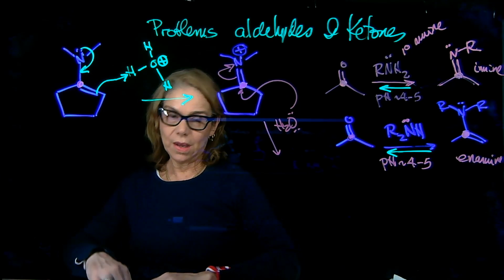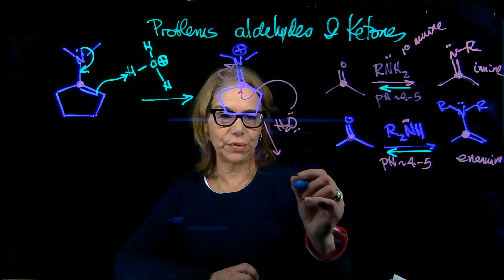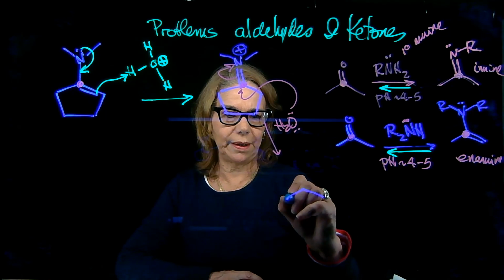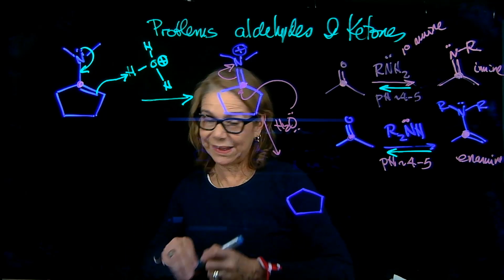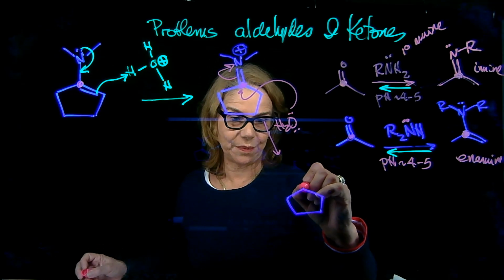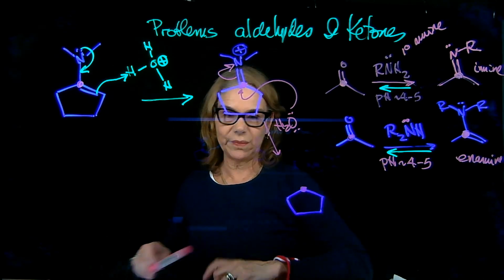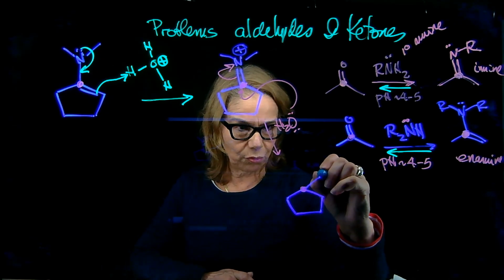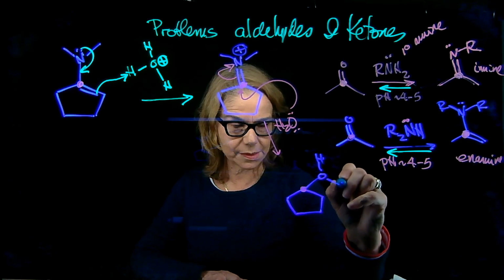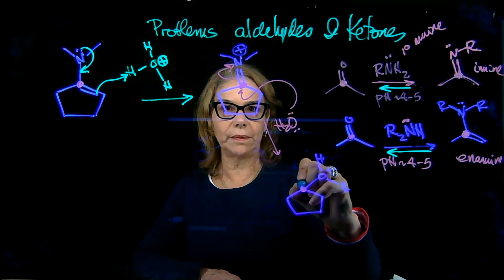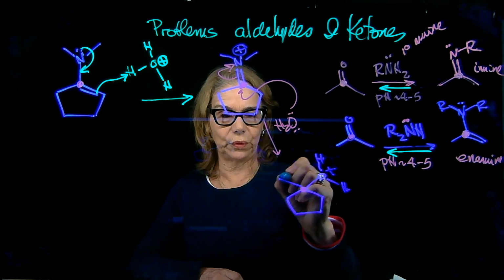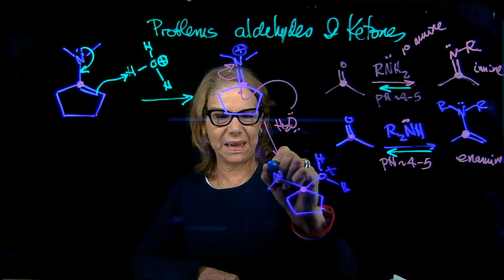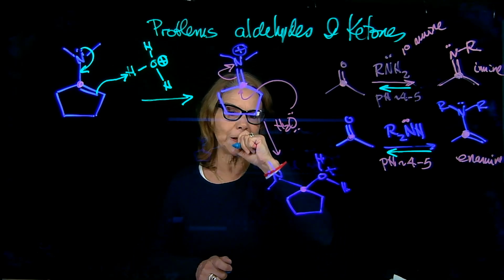And now, what we're forming, let's do it. We're going to have the carbon that I have highlighted, which is going to become the carbonyl. Now I have the water here, positive, and then, since I moved those electrons over, I'm going to have methyl groups on the nitrogen.